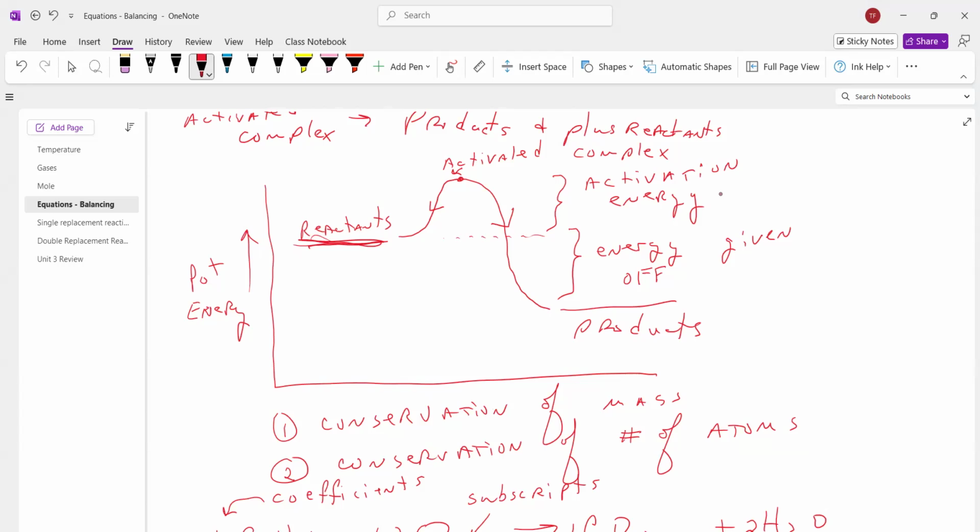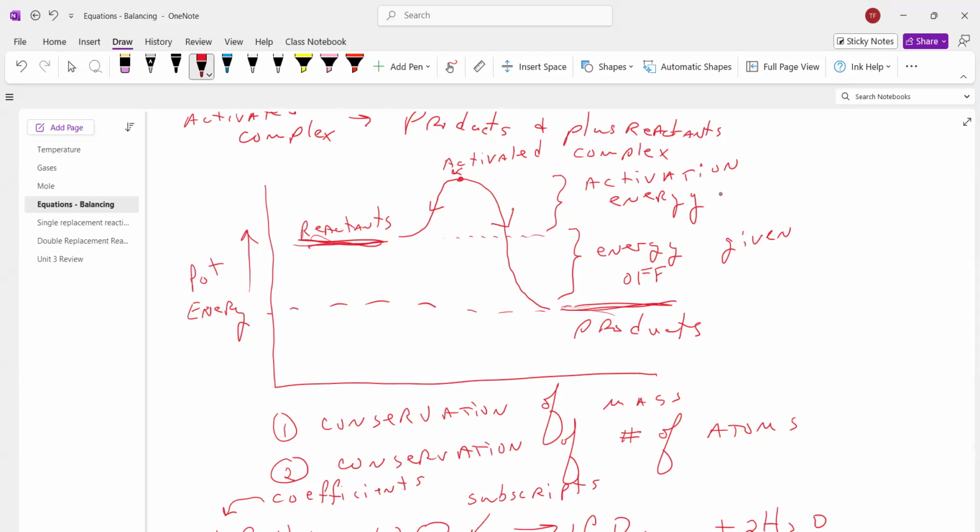Now, if the product potential is more stable than the starting materials, the reactants, what's going to happen is we're going to convert that potential energy in the reactants to kinetic energy. Because notice down here, the products have less potential energy.